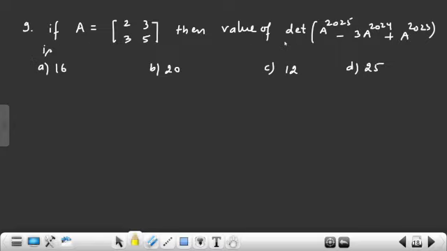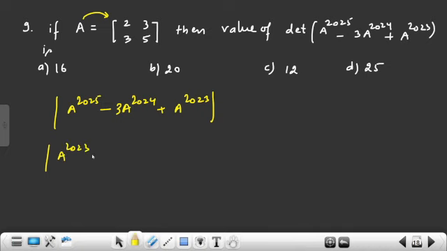Matrices problem basically. So A is given to us and the determinant of this value they want to ask. So powers is very high, but let's try to solve. A power 2025 minus 3, A power 2024 plus A power 2023. Now which power is common? A power 2023.